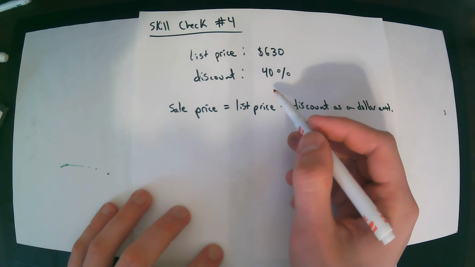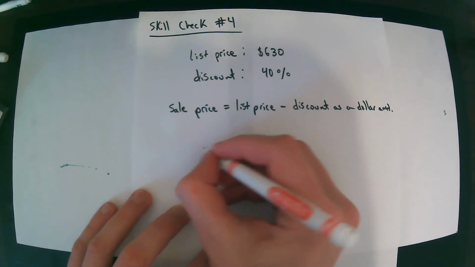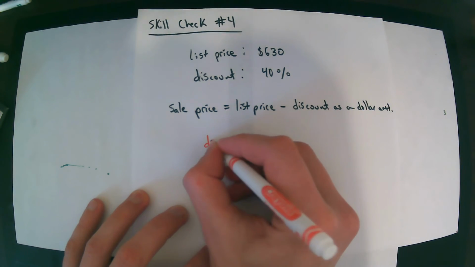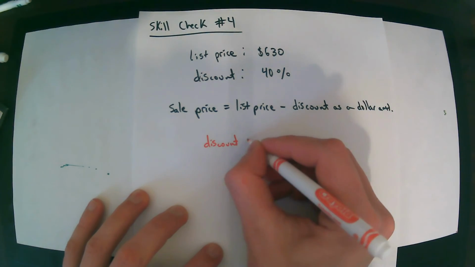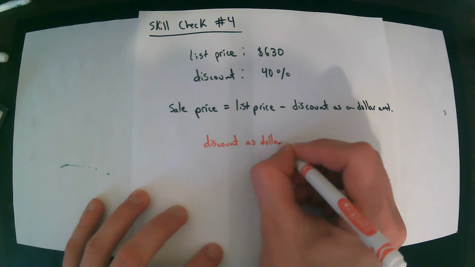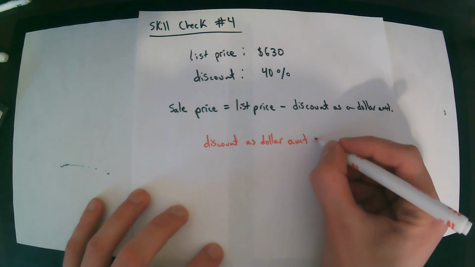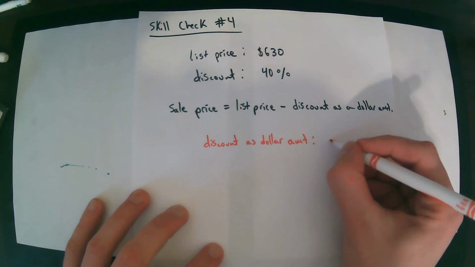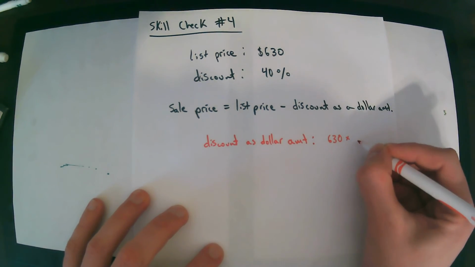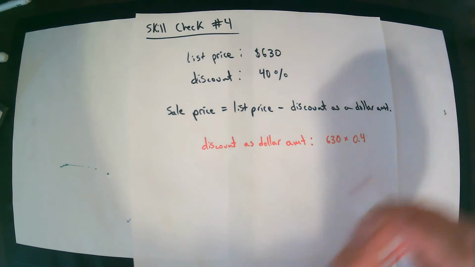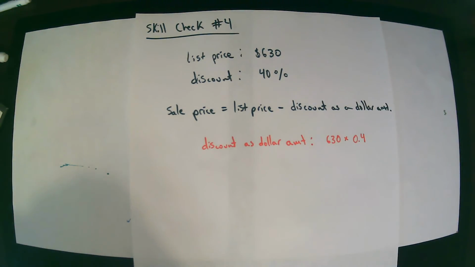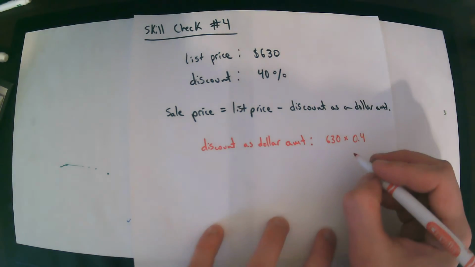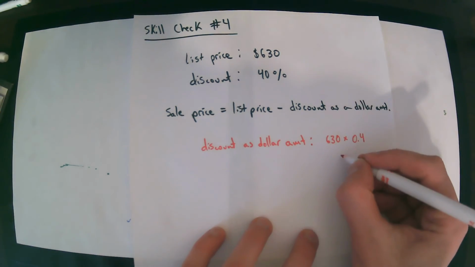If I know it's 40% of 630, okay, so my discount as a dollar amount is going to be 630 times 40%, or 0.4. That's going to give me, what? 630 times 0.4, there we go. $252.